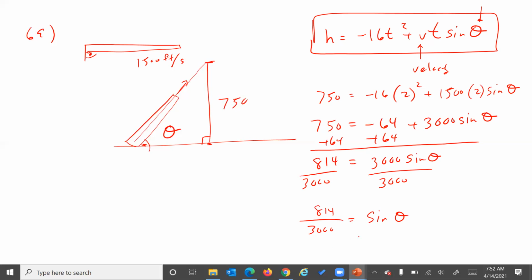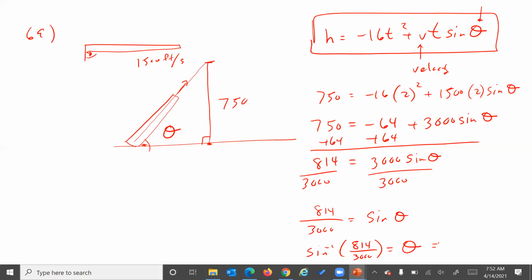What I want to do is just do this here. So in order to get rid of sine theta, I have to take the inverse sine of 814 over 3,000. And anybody have a calculator? I can punch that in. Let's see, make sure you are in degrees first.